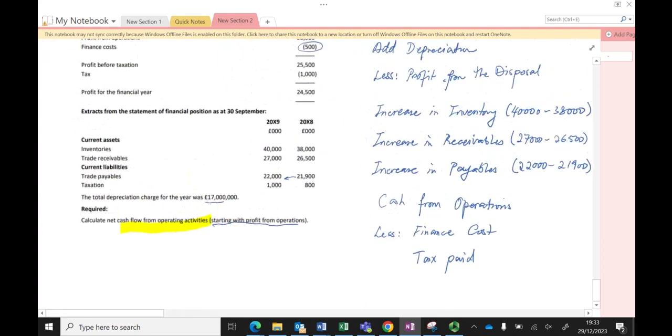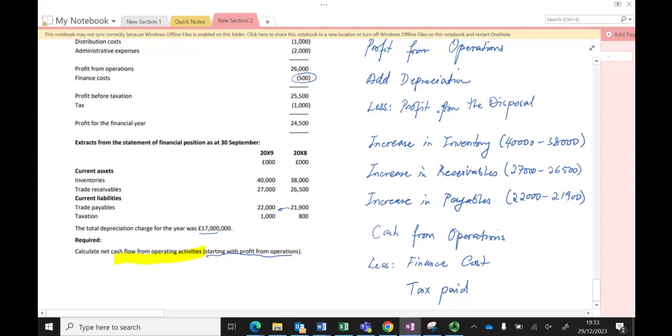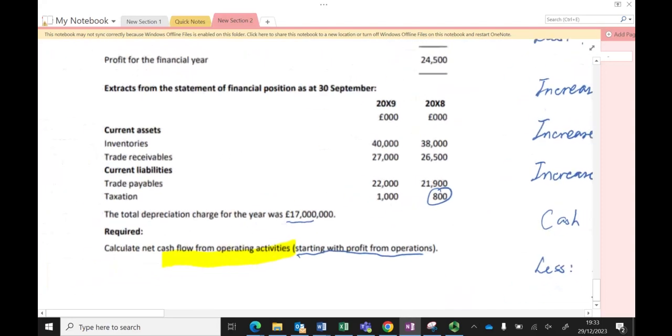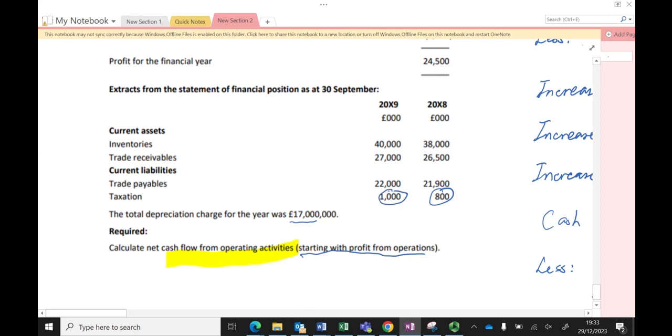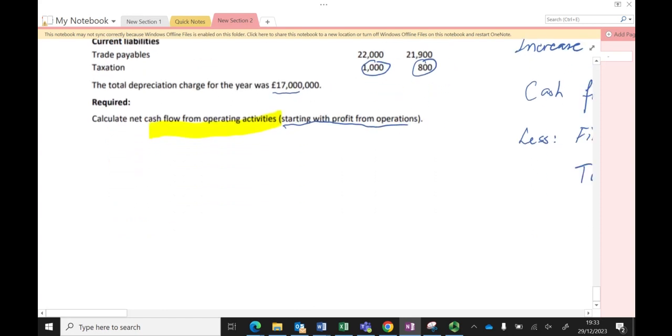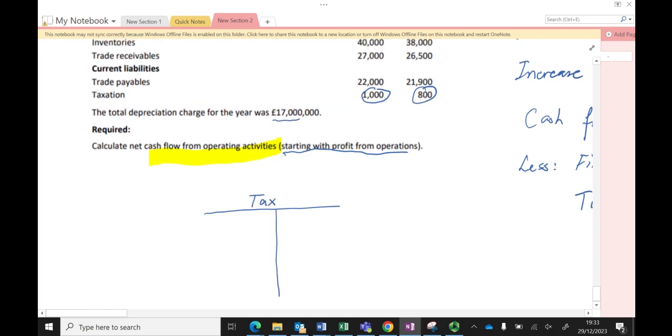So you can see that in the question we have an opening balance of tax liability, which is 800, and then we have a closing liability of 1,000. So if I open a T account, the opening balance of liability will appear on the credit side, brought down, and the closing balance will appear on the debit side.